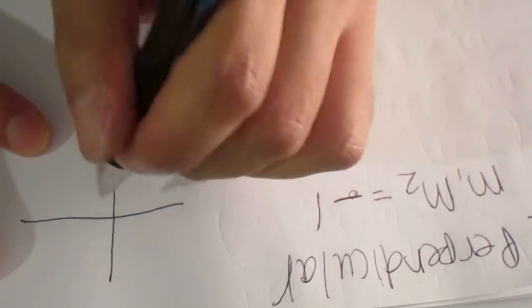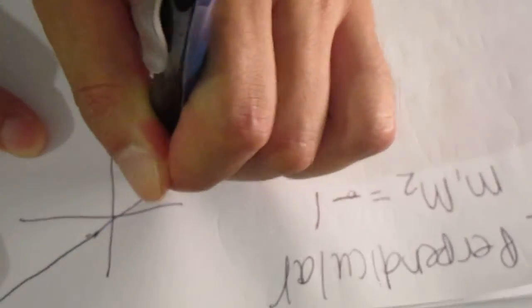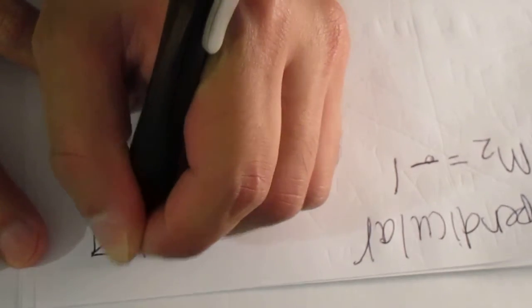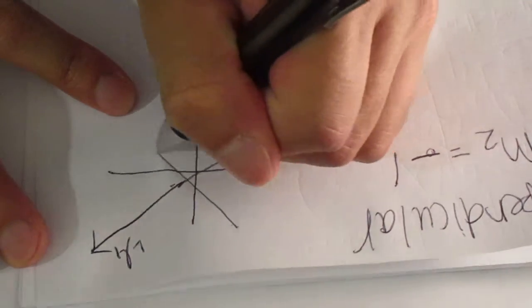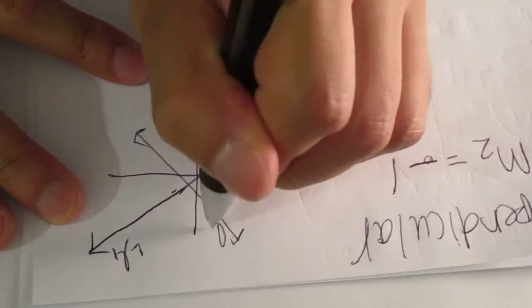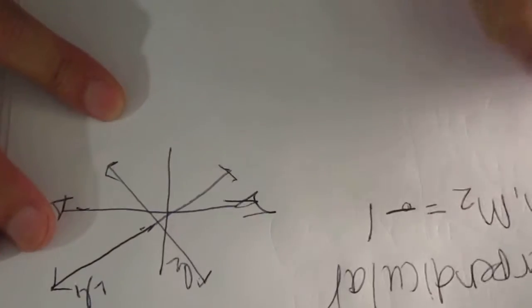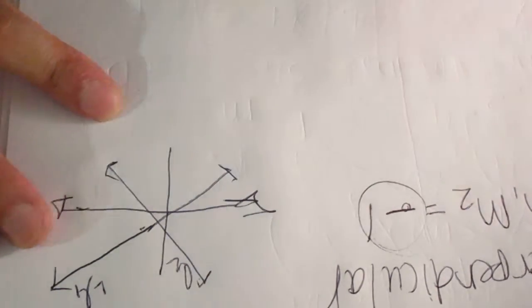So this is line 1, right? And then perpendicular just means it's like a 90-degree angle. So here's line 2. So when you multiply both of their slopes, it must equal negative 1.